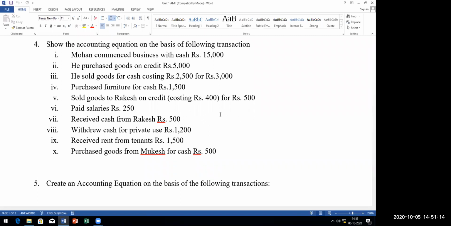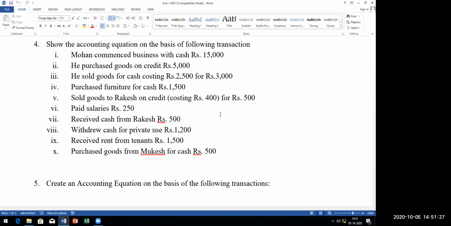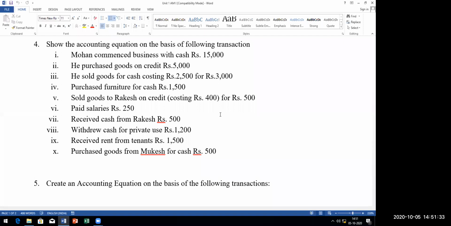Paid salary Rs 250. Received cash from Rakesh Rs 500. It is not RS, it is rupees. Withdrew cash for private use rupees 1,200.